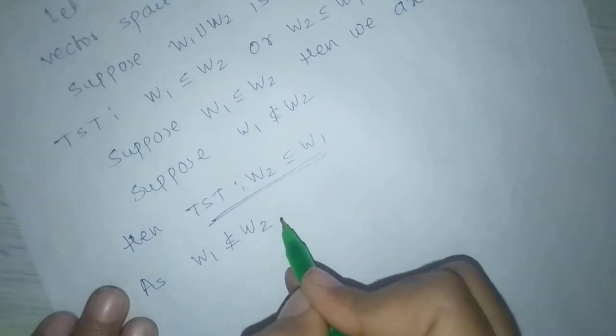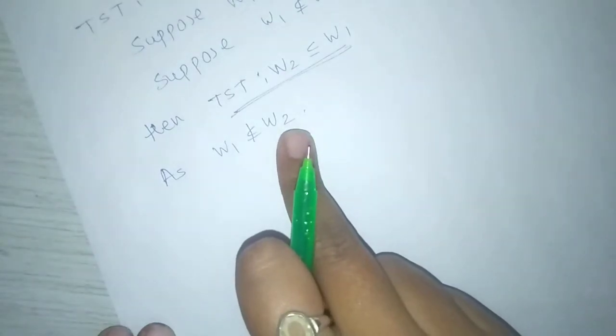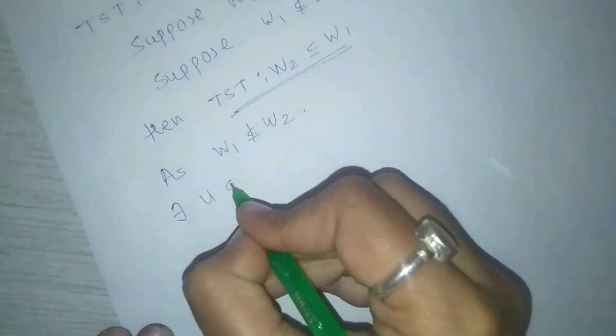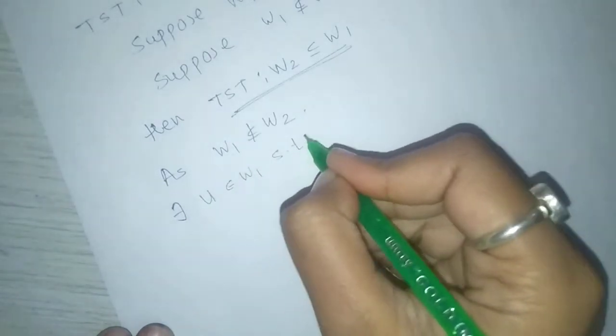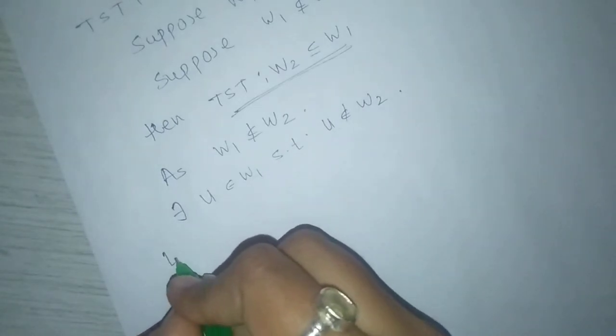As W1 is not a subset of W2, it means there exists at least one element which belongs to W1 but does not belong to W2. Means there exists U belongs to W1 such that U does not belong to W2.